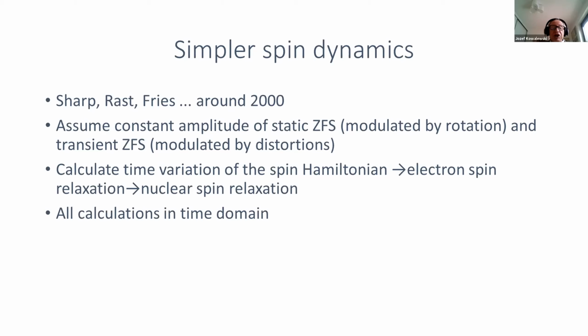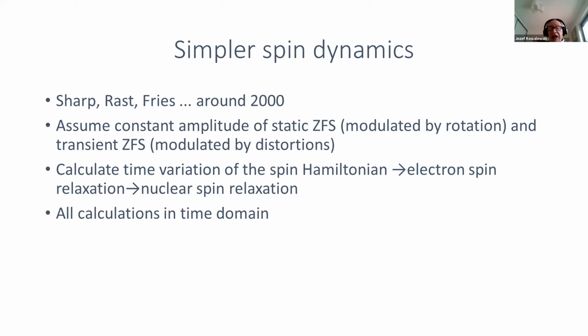So people such as Sharp, Rast, and Fries, around 2000, proposed a simpler spin dynamics approach where you assume a constant amplitude of static zero field splitting, which is modulated by rotation, and the transient zero field splitting, which is modulated by distortion. So you assume that both these interactions have a given strength, and then their orientation changes with time by diffusional motion.